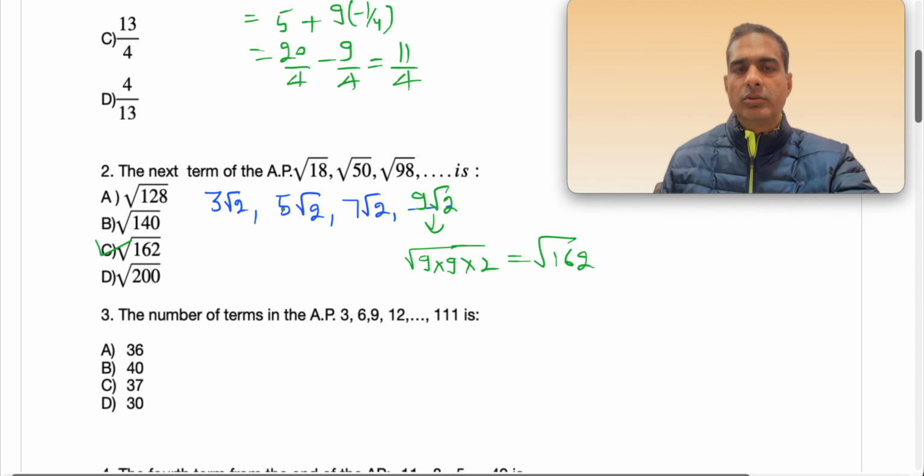So 3 root 2, 5 root 2, 7 root 2, so there was a pattern. The next term will be 7 plus 2, 9 root 2, and we took 9 inside the square root, so it became 9 into 9. So 81 into 2, 162. So the next term will be root 162.